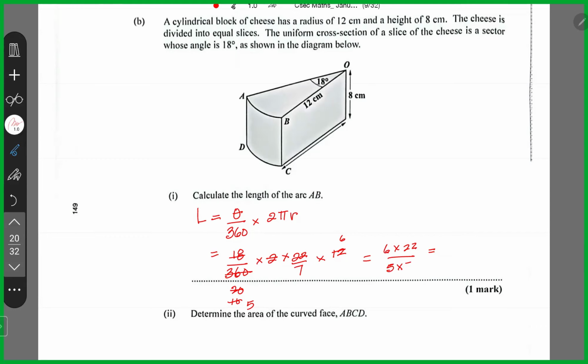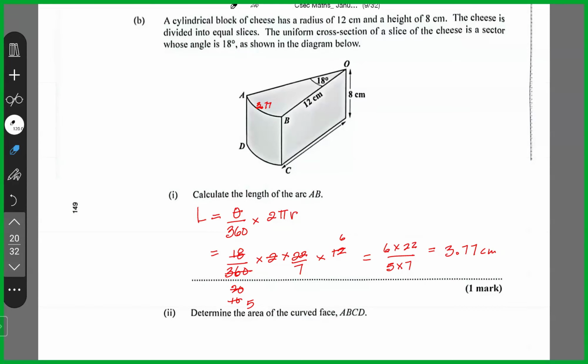So this is 6 times 22 divided by 5 times 7. And what we get is 3.77 centimeters. So this is 3.77 centimeters.